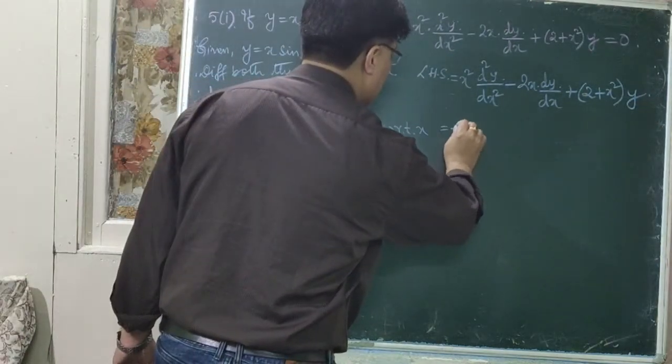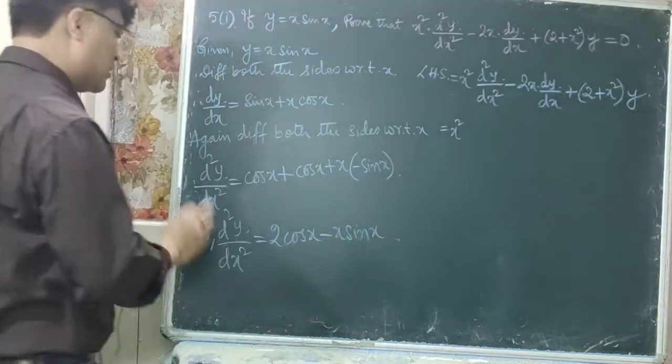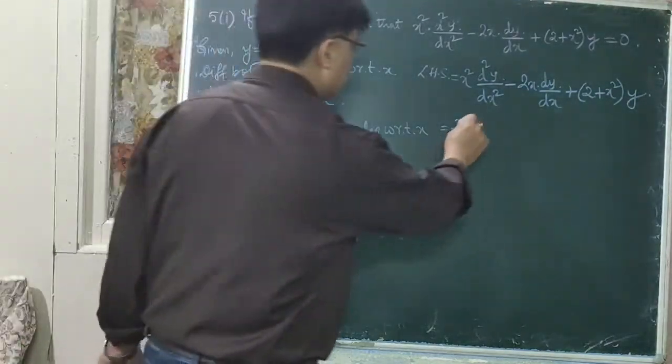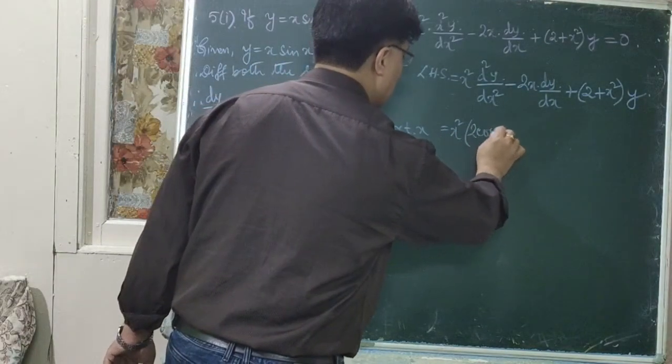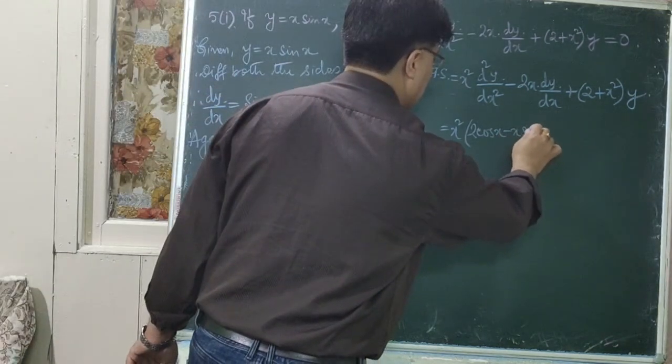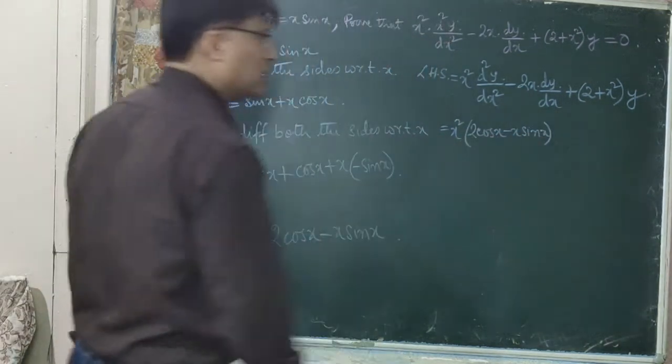So which is equal to x square, what was d2y by dx square? Let us put the value for d2y by dx square here. It is 2 cos x, then minus x sin x, right?